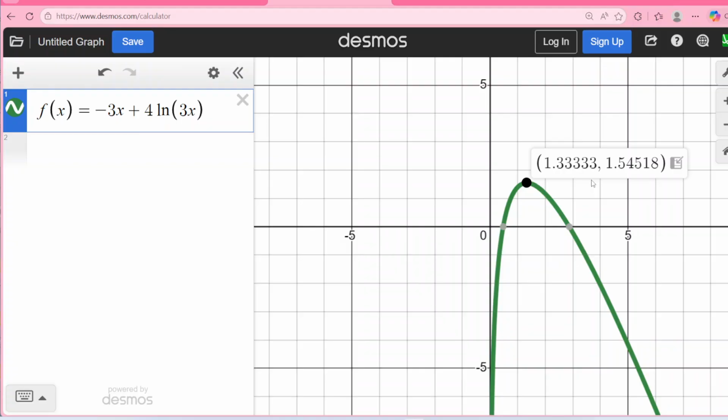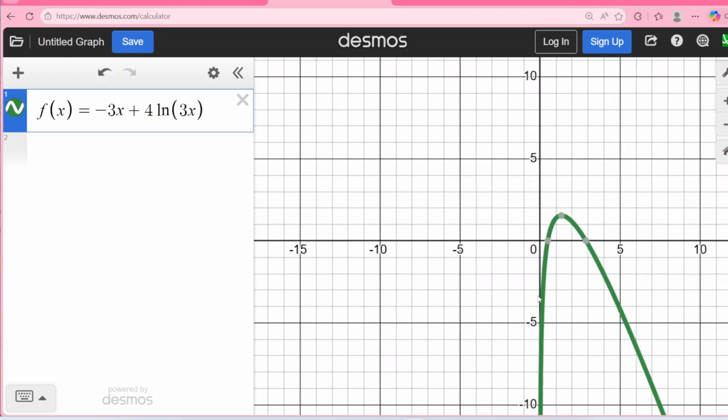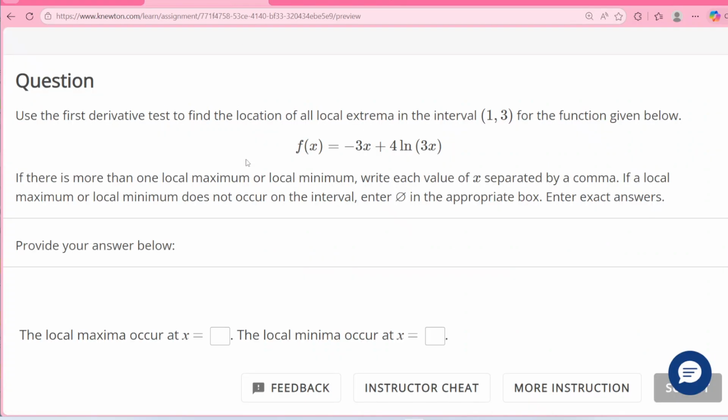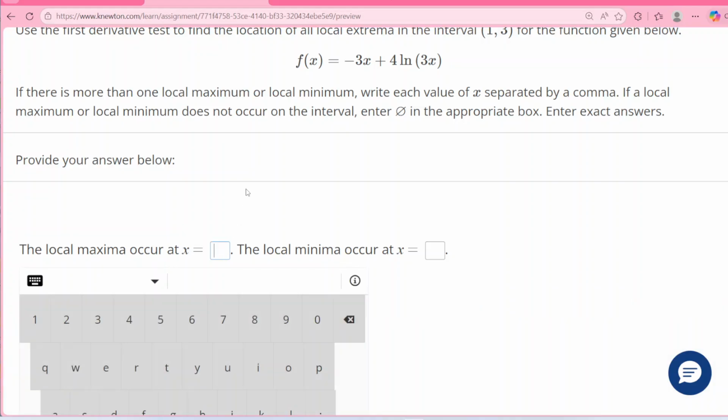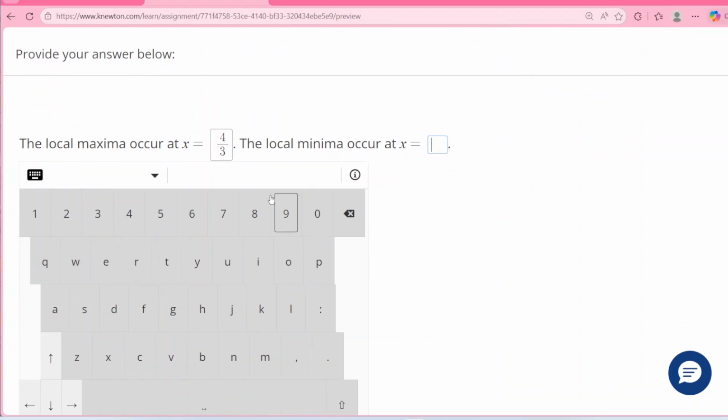So this function has a local maximum value of about 1.54518 at x equals 4/3. And notice no valleys. It increases to the left of 4/3 and then decreases the rest of the way, as we saw in our number line. So the local maximum occurs at x equals 4/3 and no local minimum.